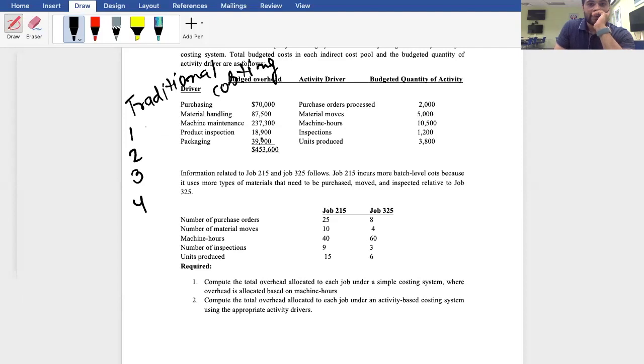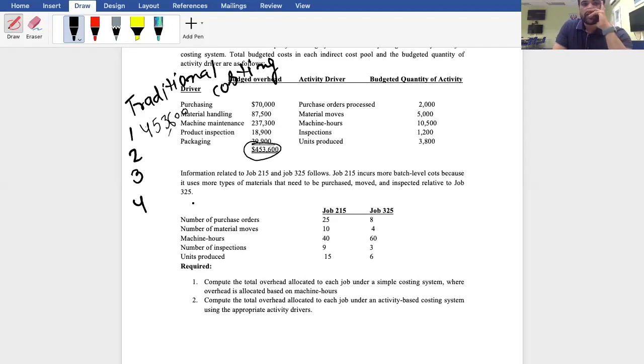So our overheads is this. That's our total overhead, which is 453,600, right? So that's our total overheads, all right?